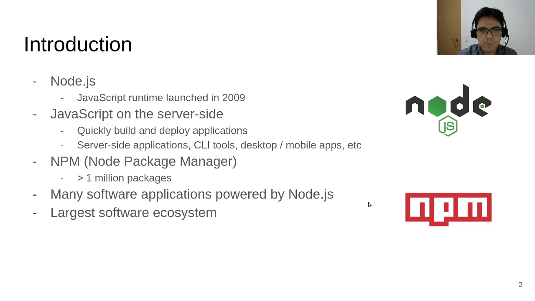Node has a package manager called npm, and today you can find more than 1 million packages in npm. There are many software applications powered by Node.js, and Node.js together with npm packages compose the largest software ecosystem in the world.